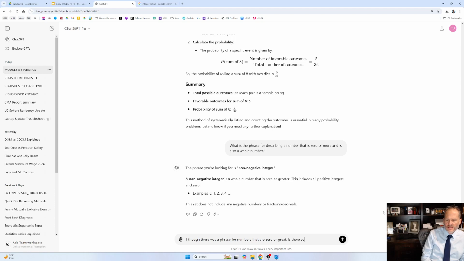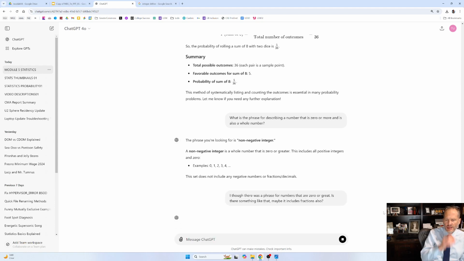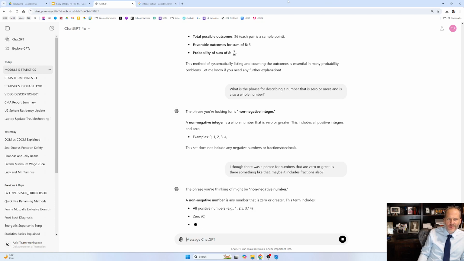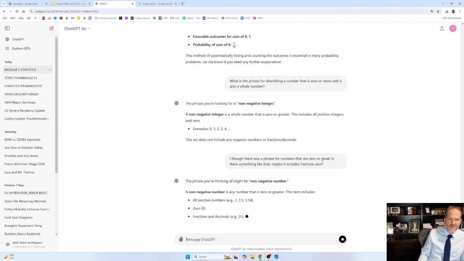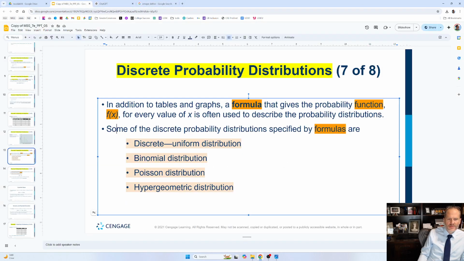Is there something like that? Maybe it includes fractions also? I don't know. But the phrase you're thinking of is non-negative number. Yes, a non-negative number, a non-negative integer. And I did define integer up here, but I guess an integer could be positive. I still think maybe there's some phrase out there. I just can't think of it.